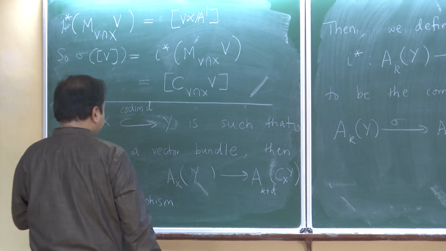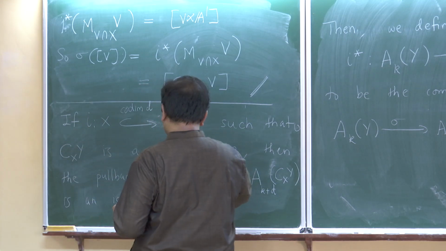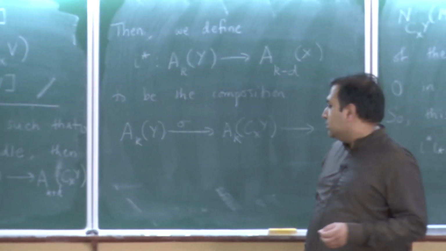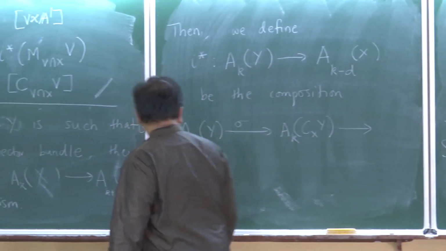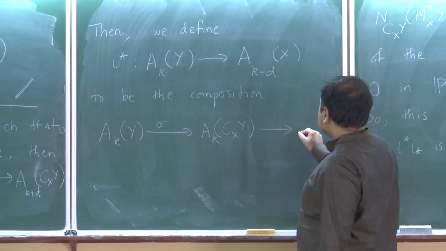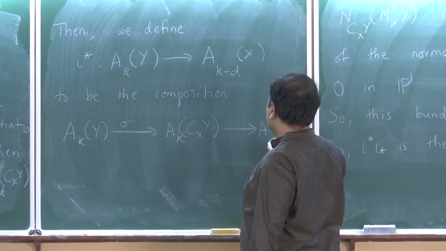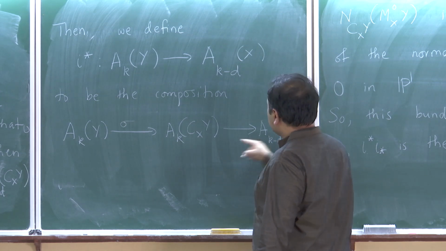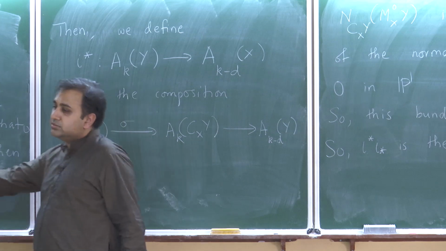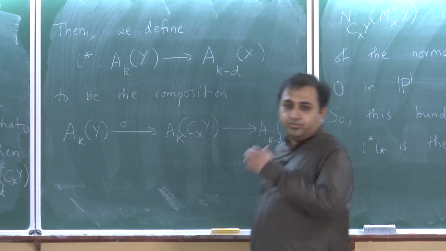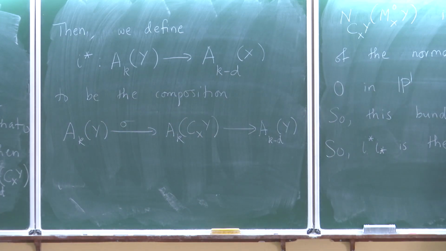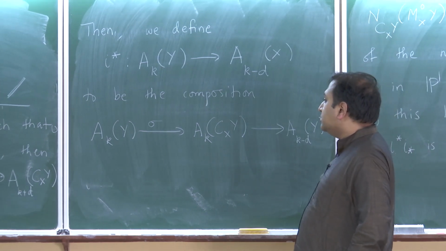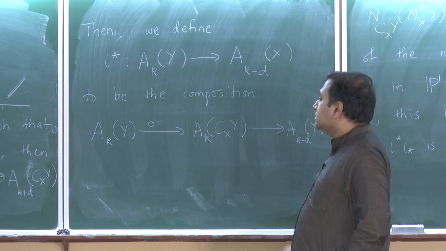This should have been X. This is a vector bundle of rank d, so this goes to A_{k-d}(Y), and this is basically the inverse of this.